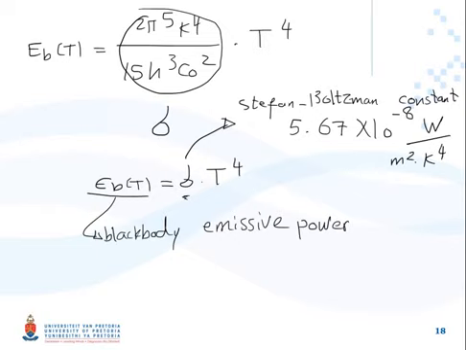Just be advised that when you are using this correlation to calculate the black body emissive power, temperature should always be in Kelvin.